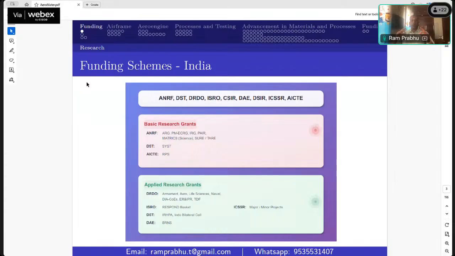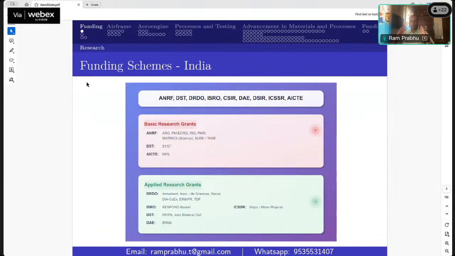Suppose you are working on a problem statement and you need funding for travel and some contingency, not for executing the problem statement, just as supportive funding, under the MATRICS program, as long as your problem statement is in theoretical sciences, mathematical sciences or social sciences.